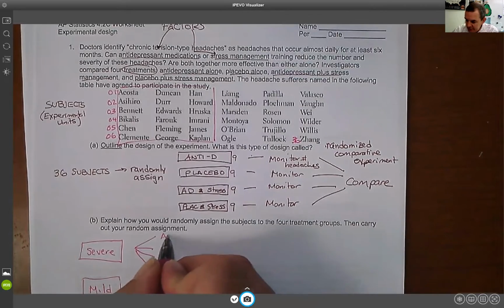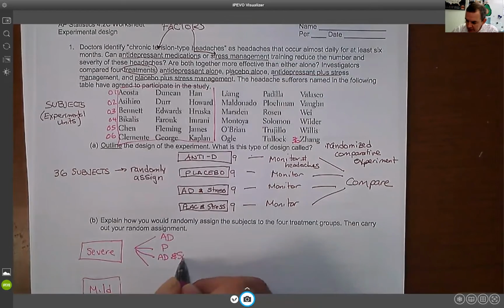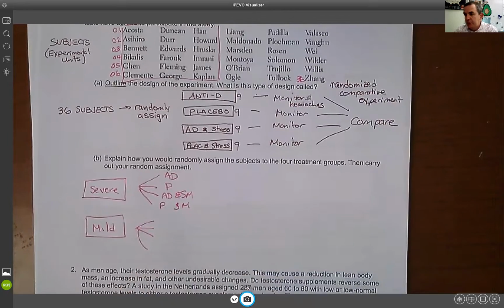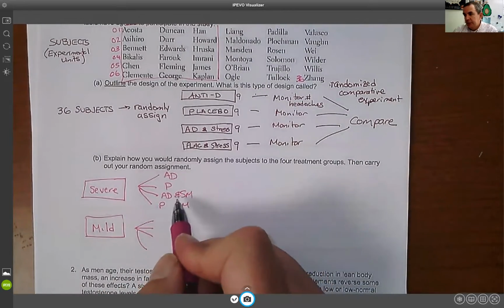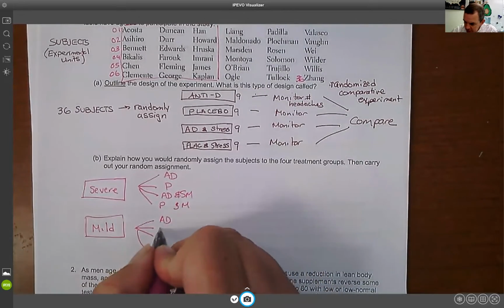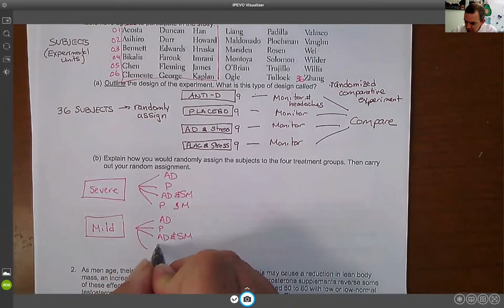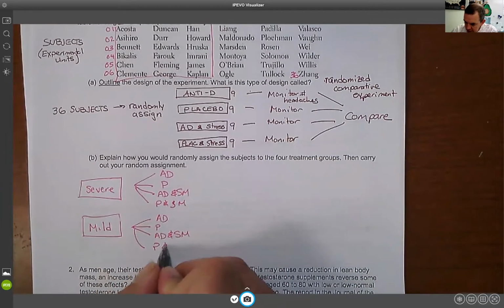So it'd be the antidepressant, the placebo, the antidepressant and the stress management, the placebo and the stress management, and I do the same thing over here. I'd have the 4 for the mild: antidepressant, placebo, antidepressant and stress management, placebo and stress management.